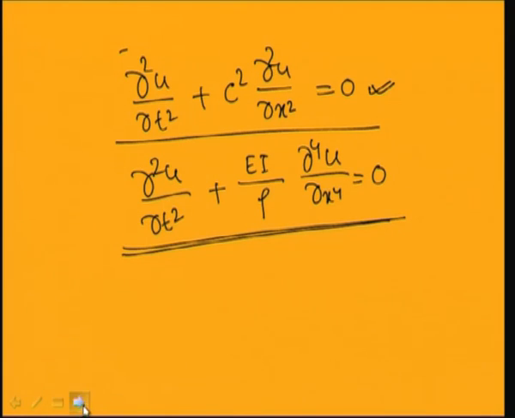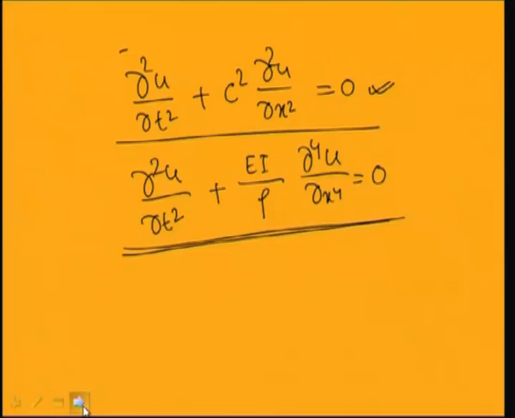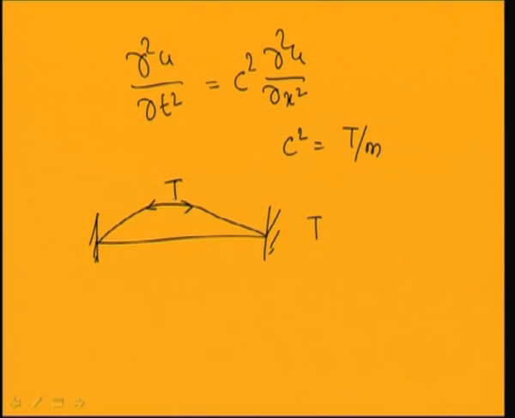The equation can also be written in this form: del square u by del t square equal to c square del square u by del x square. In the case of the string, c square equal to T by m, where T is the tension and m is the mass per unit length.